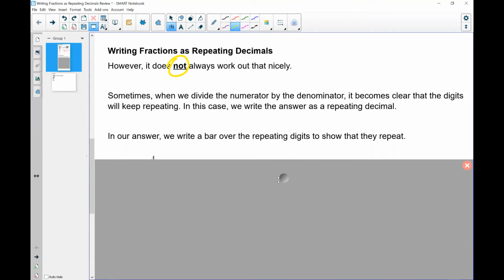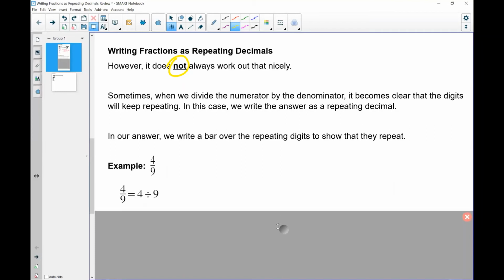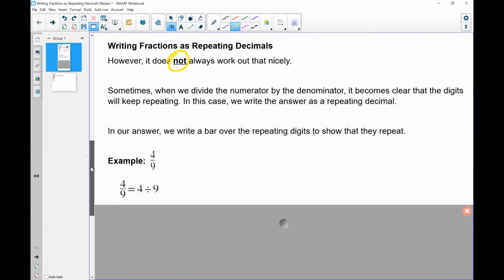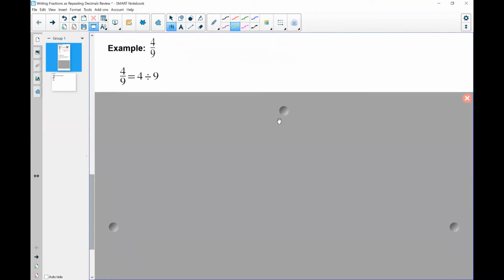And here's what I have for you. In our answer, we write a bar over the repeating digits to show that they repeat. Here's the example 4 over 9. If you're going to do this in your calculator, you would do 4 divided by 9.